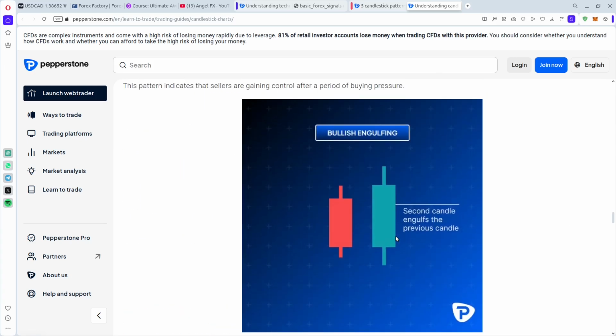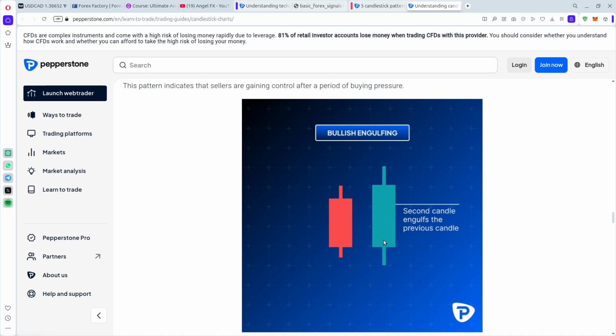Okay, so we have also the bullish engulfing candlestick. You can always identify if a candle is a bullish engulfing or a bearish engulfing if there are two candlesticks available. You cannot do it with a single candlestick.